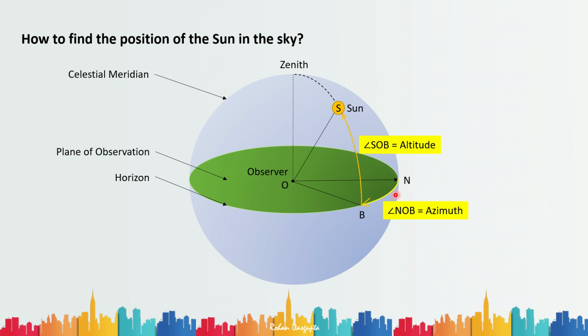So the range of azimuth angle is 0 to 360 degrees. However, the altitude angle starts from the horizon. So when the sun was at this position, it must have been sunrise.